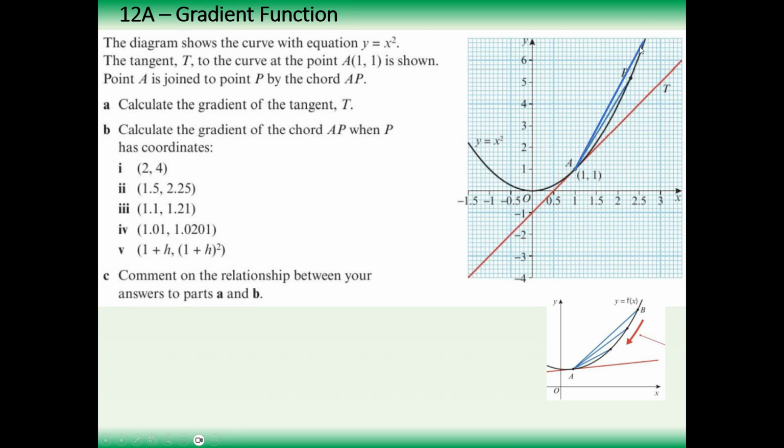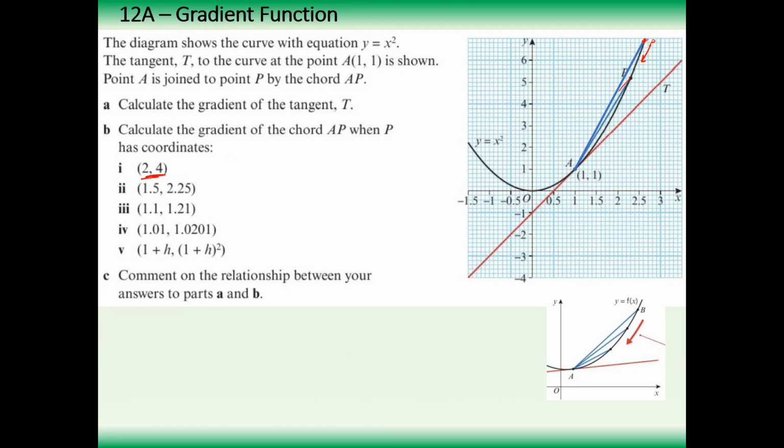Secant means that one end of the line is on the curve and the other one is at A, and we are sliding that point P from up there further down.